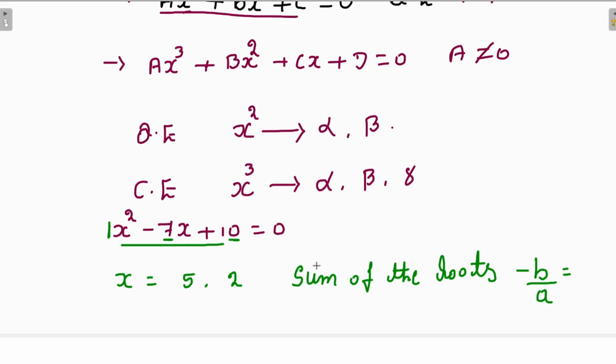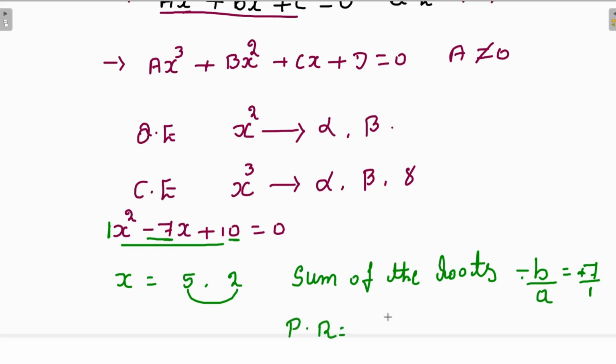Minus b by a: b is minus 7, a is 1, and minus into minus becomes plus, so the answer is 7. If I add the roots 5 plus 2, you get 7.